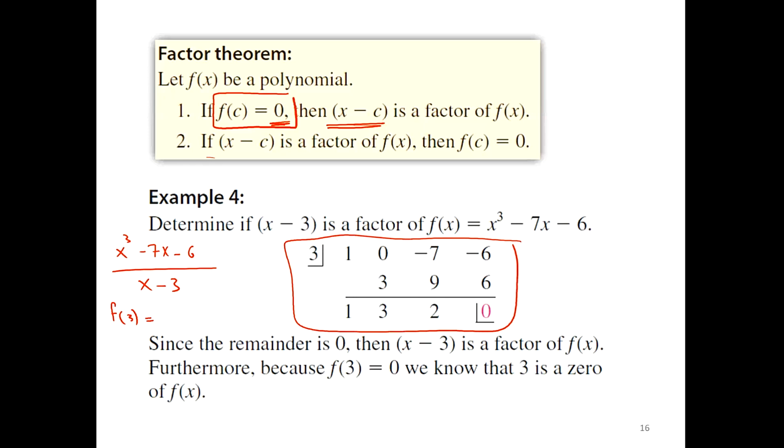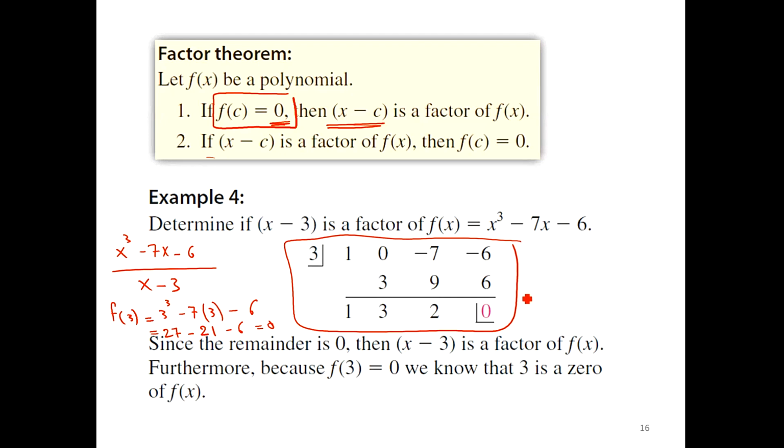We can conclude directly that x minus 3 is a factor of f of x. Substitute 3: 3 to the power 3 minus 7 times 3 minus 6. 3 to the power 3 is 27, minus 21, minus 6. So this is 0.